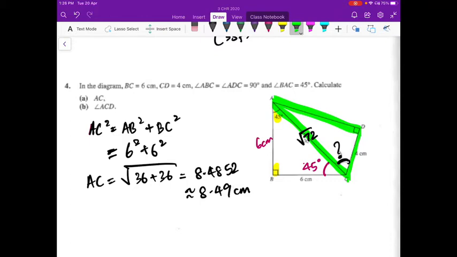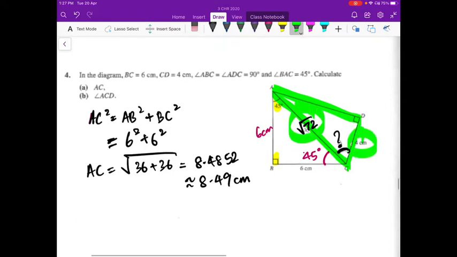What did she say? Oh, got adjacent, got hypotenuse. Adjacent and hypotenuse. Okay.